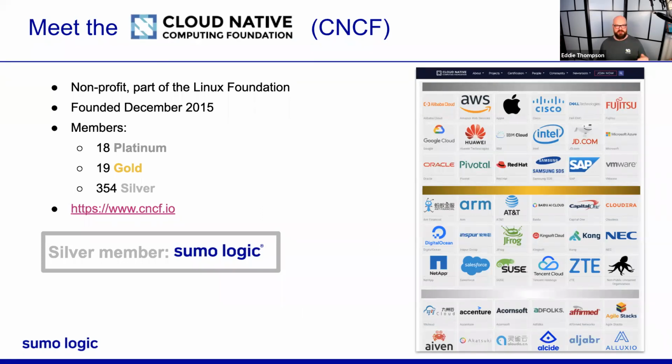We do contribute our code that we're working on back to the projects. We're a silver member. You can see there that you've got members from the major cloud providers, network providers, hardware providers, telcos. It's pretty broad. It's one of those things that everyone's involved with and everyone is using.